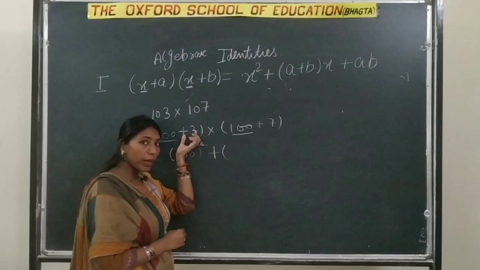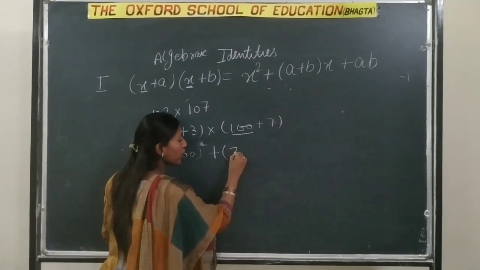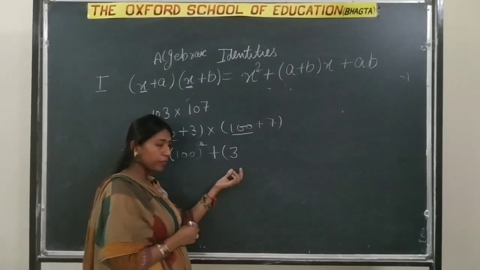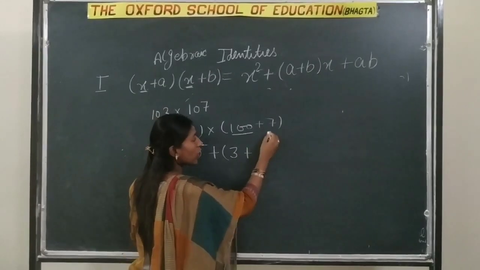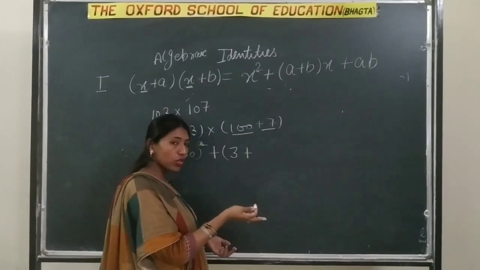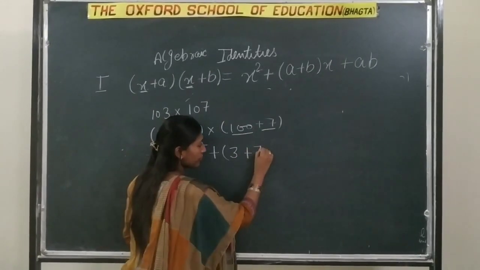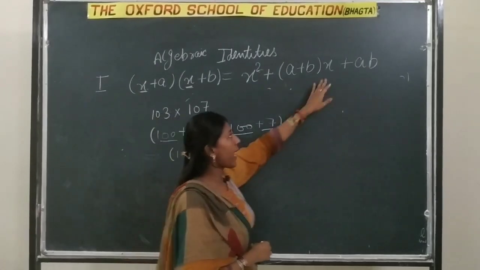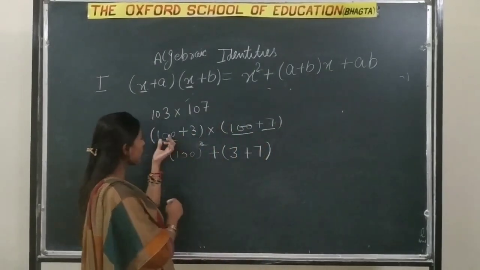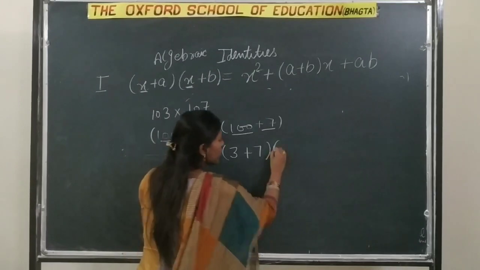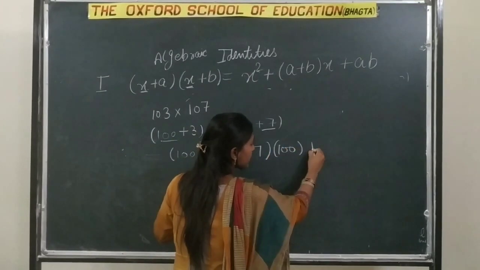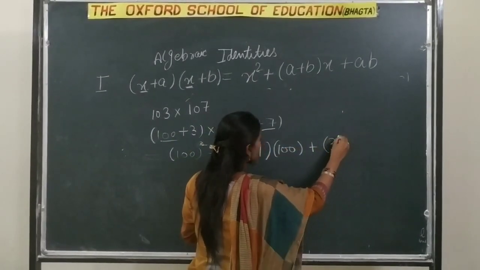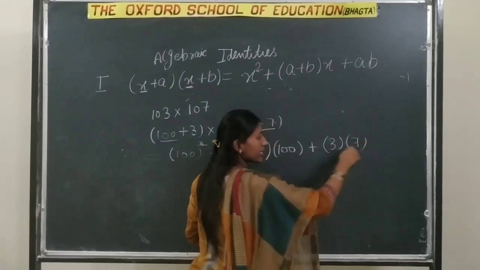What is the value of a? Plus 3, so we will also write it as 3 only. Plus value of b is plus 7, so we can write only 7, into x. So the value of x here is 100. So 100 plus value of a 3 and value of b is 7.